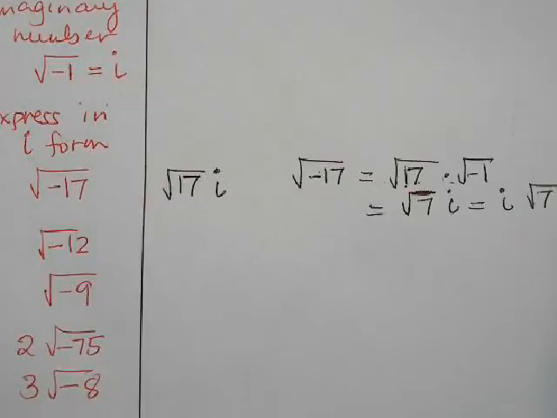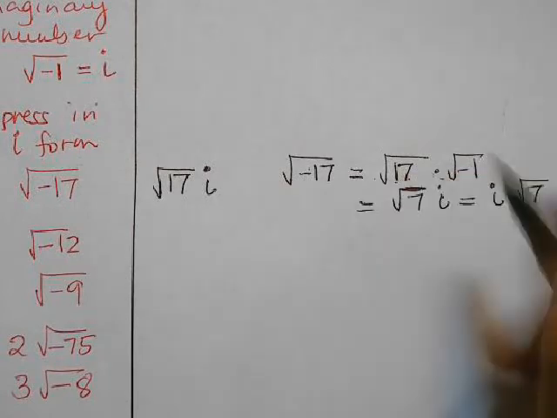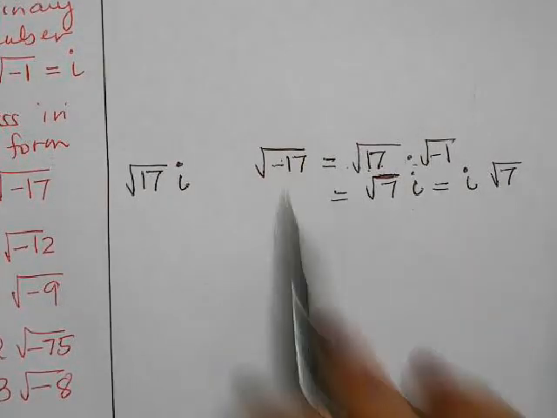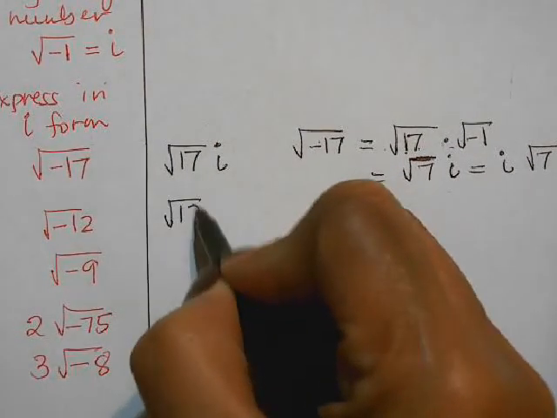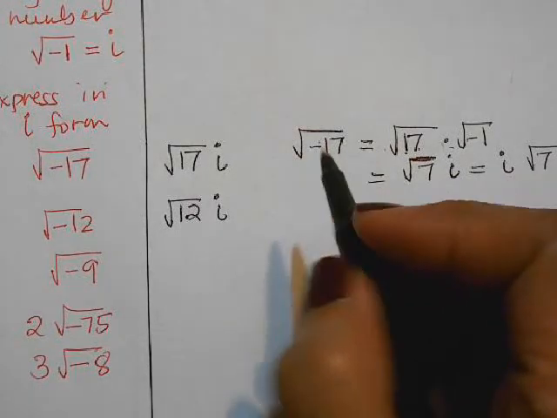Okay, so let's continue. The square root of negative 12. So again, the shortcut is, we are not going to do all this long process here. We will just write the square root of 12 with i on the outside. But the radical, the square root of 12, I hope you know how to do that. What's the lowest term of the square root of 12?